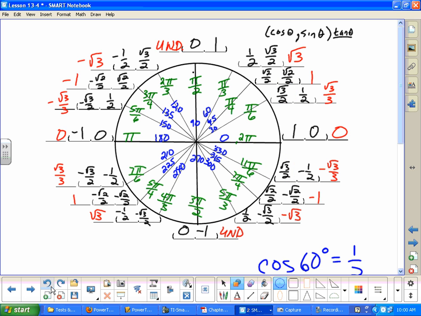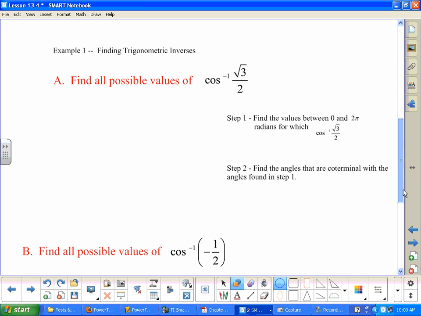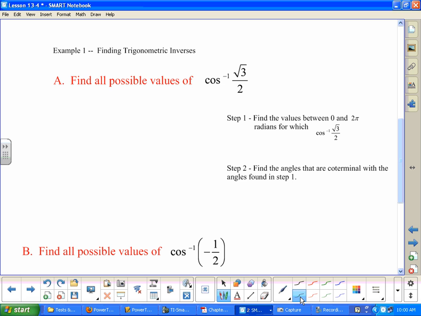So my answers for step 1 are pi over 6 and 11 pi over 6. Now it says find the angles that are coterminal with those angles found in step 1.